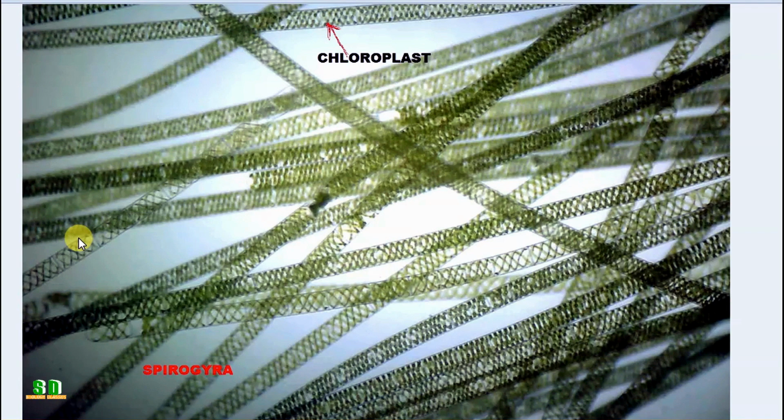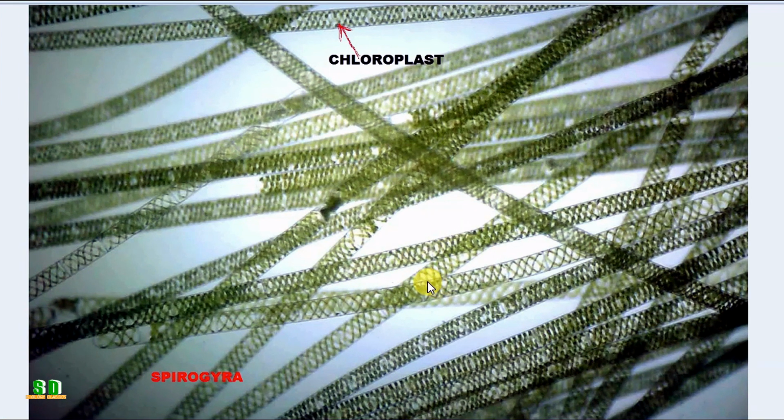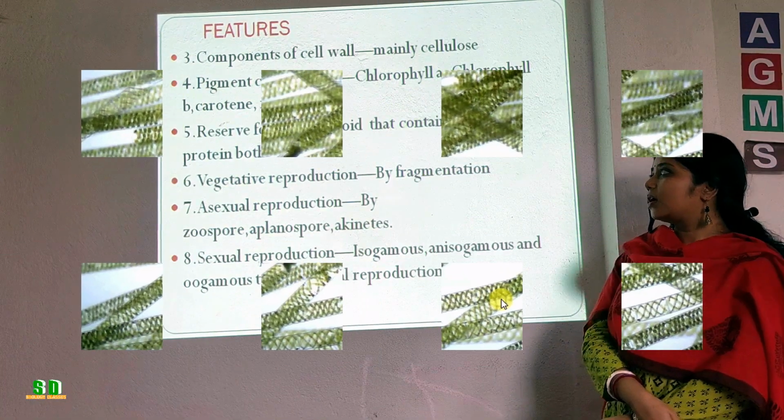Many cells are arranged one after another and form the filament. Here you can see the outline, that is the cell wall, and inside the cell wall some spiral-shaped green structures are present. The spiral-shaped green structures are nothing but the chloroplast. The nucleus cannot be seen very well, but a nucleus is also present inside each and every rectangular cell.